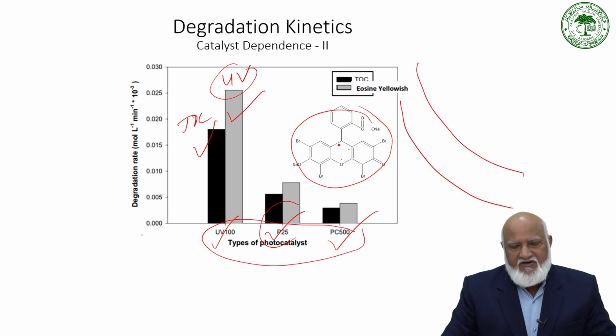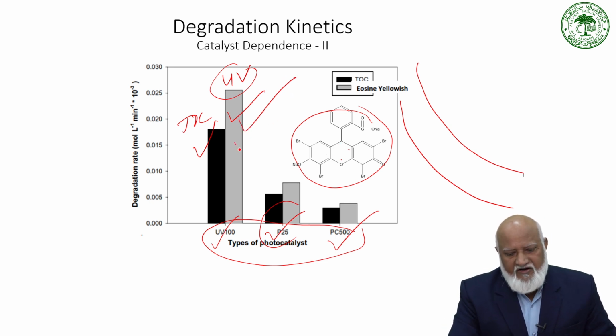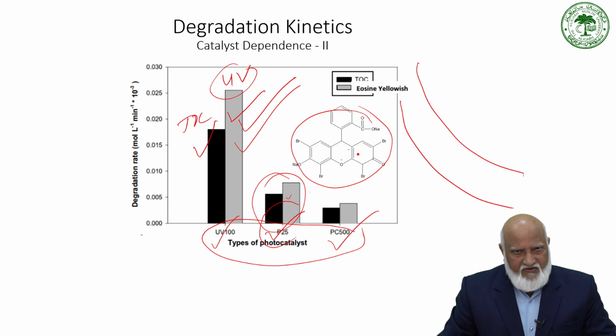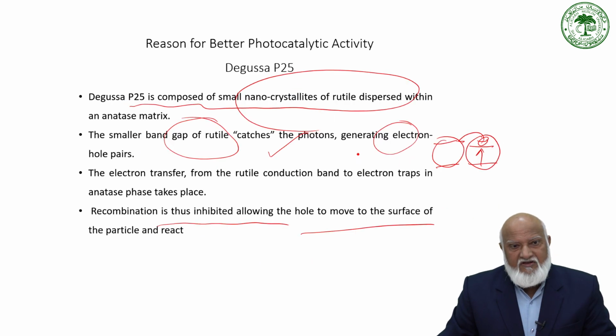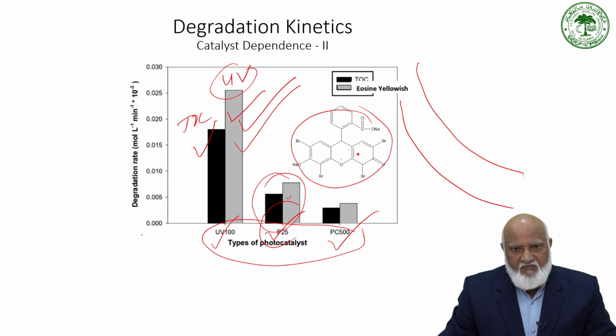So in this particular case, UV100, which has a high surface area and is 100% anatase, is much more efficient as compared to P25, which is a mixture of anatase and rutile, and which shows better efficiency for degradation of this particular dye.